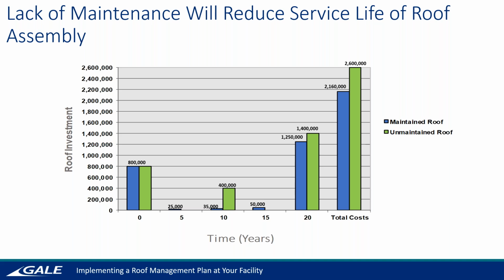And what you have to keep in mind too is that we're only using that $15 a square foot cost, but over the course of 20 years, the square foot cost is definitely going to increase. But I just wanted to show you at the same cost per square foot what the difference would be, and it would be astronomically different because of the increase in the roof replacement costs over that time period.